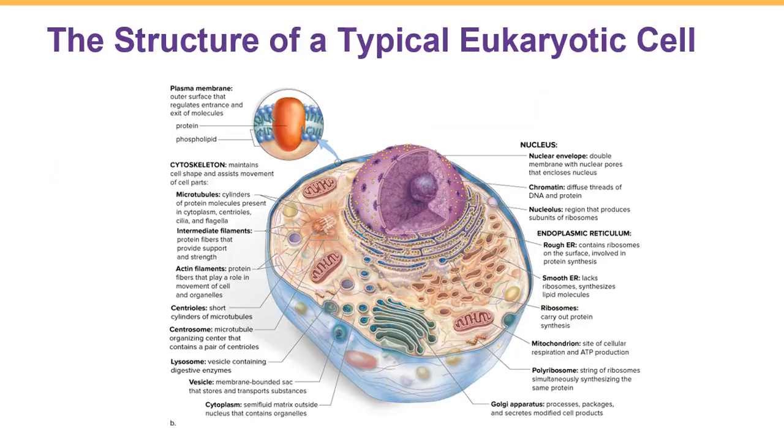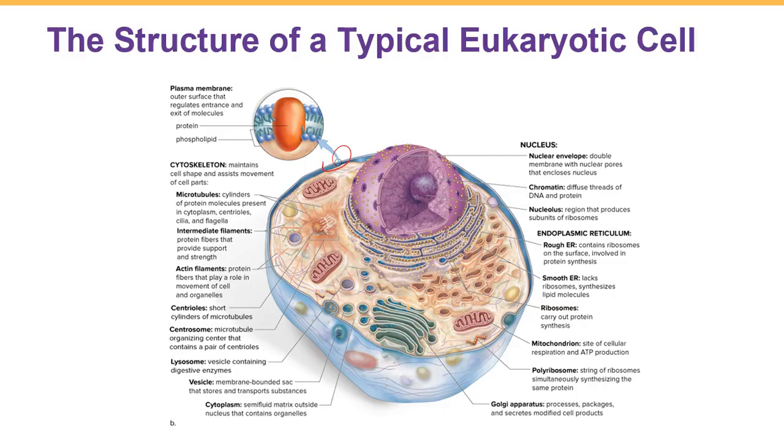And in this picture, you can see a eukaryotic cell. So pay attention. This is the plasma membrane, the membrane separating inside of the cell from outside of the cell.